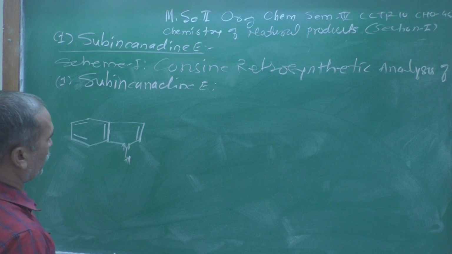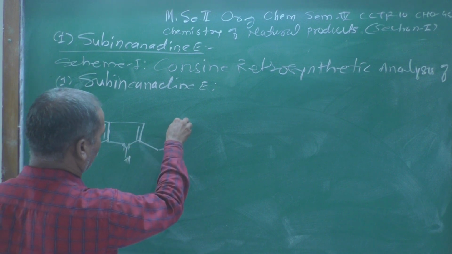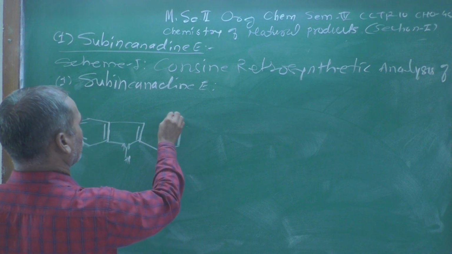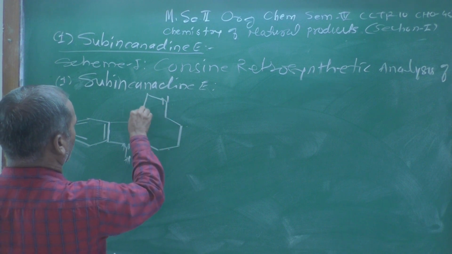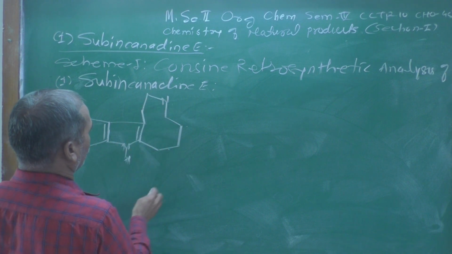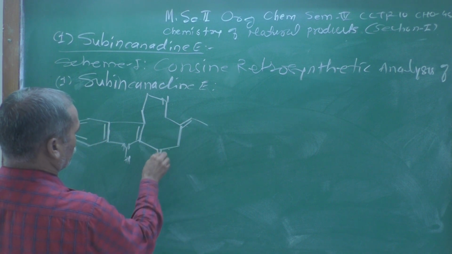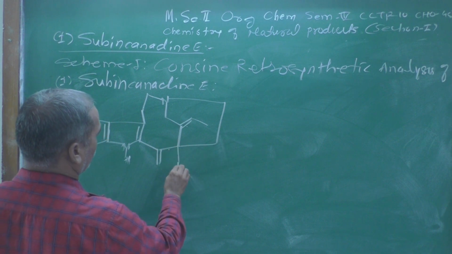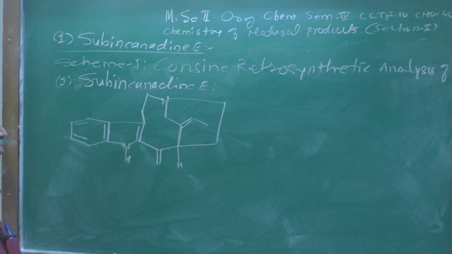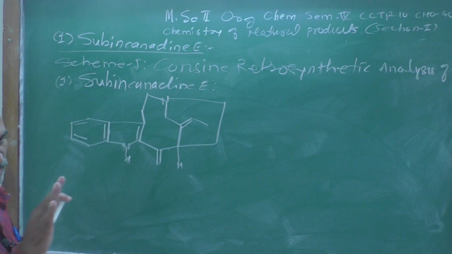In that indole there is another group attached, which I represent like this. Here maybe a double bond, here also a double bond, and here a 4-membered ring is present, and here is an attached hydrogen atom. If you observe this structure, this is the target molecule, TM.